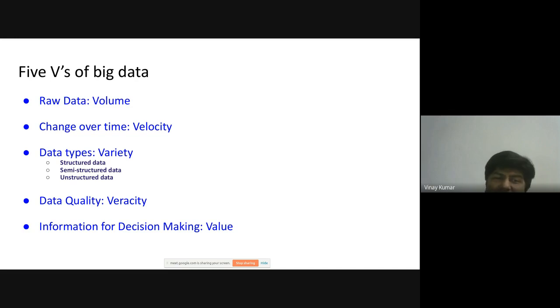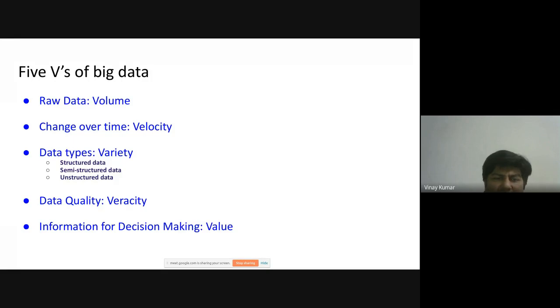Hence, while dealing with big data, it is necessary to consider the characteristic of volume. For example, in the year 2016, the estimated global mobile traffic was 6.2 exabytes per month. Also, by the year 2021, we have almost 40,000 exabytes of data.